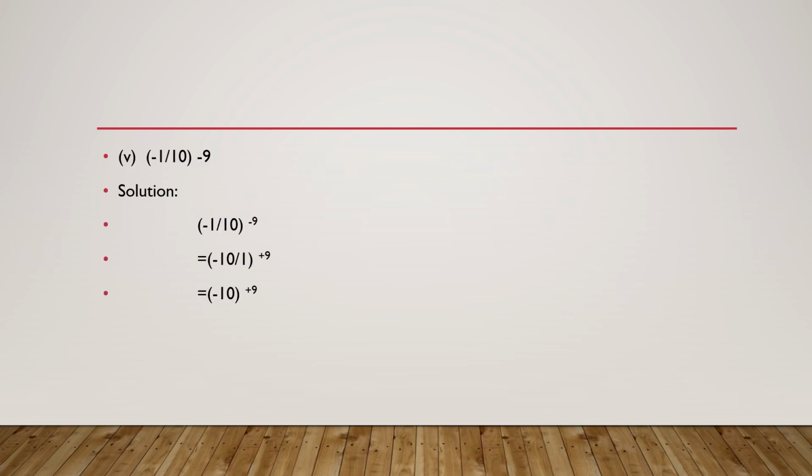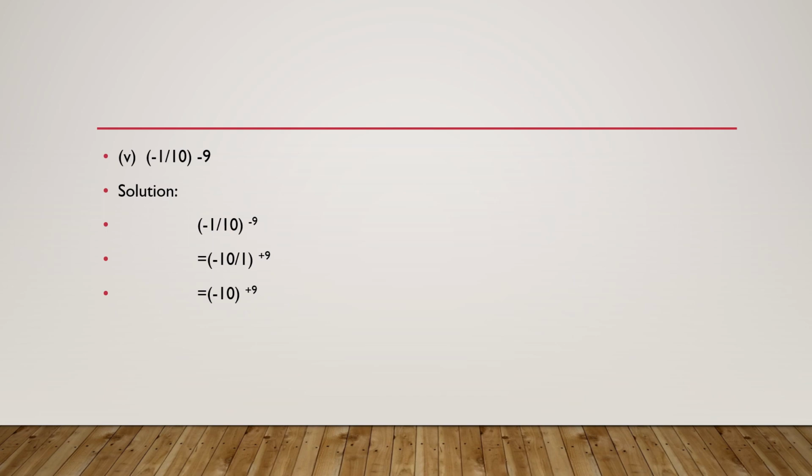Now students, here we have minus 1 by 10 power minus 9. Again a negative exponent is given to us and we have to convert the negative exponent into a positive one. How? We will take the reciprocal of minus 1 by 10. In a reciprocal, you know very well, the numerator becomes the denominator and the denominator becomes the numerator. So simply change it.